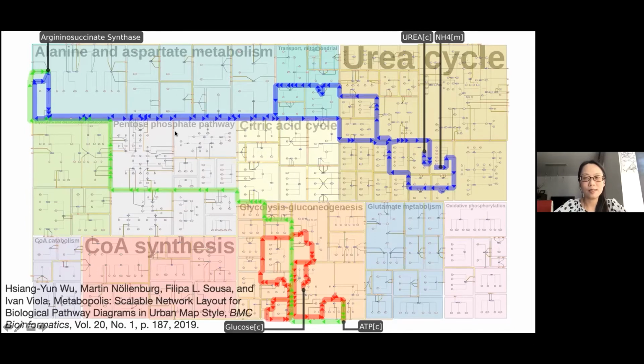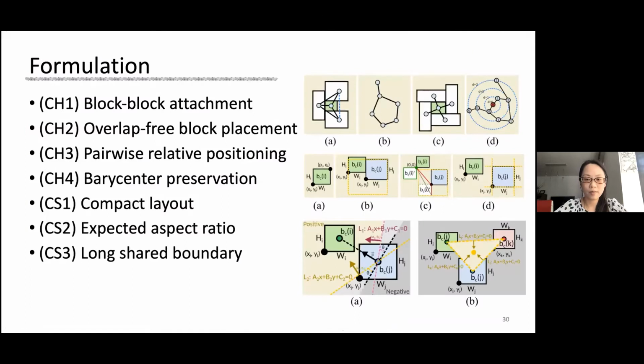Usually, I think up to 500 nodes is probably the optimum. But with this kind of divide and conquer approach, you can manage to scale this orthogonal approach to a certain degree.